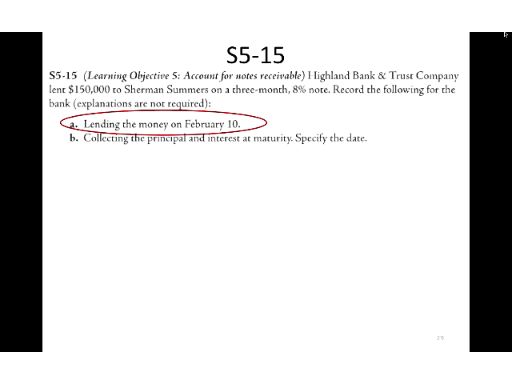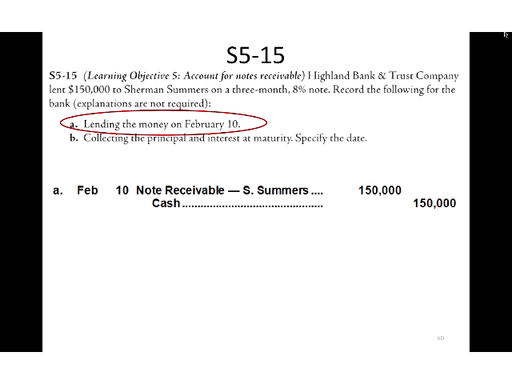We're going to debit notes receivable, increasing our receivable, and we are going to credit cash because we're giving cash to Summers. So we're loaning money out. So this is going to debit notes receivable and credit cash. Okay, so that's what we're going to do on February 10th when we loan money out with a note.